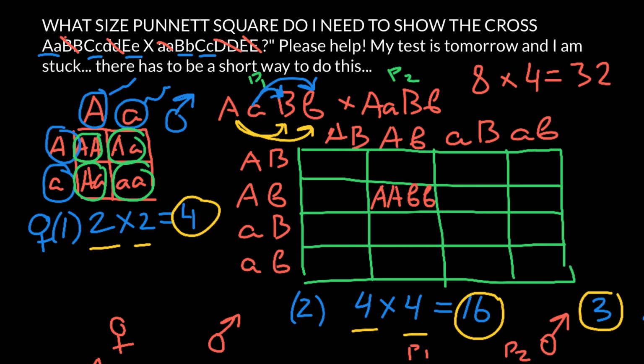And one more time, the second parent only has 2 heterozygous loci, so would produce only 4 combinations. And we are going to have a Punnett square that is going to be 8 by 4, and would have 32 cells.